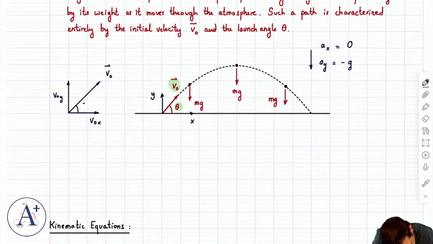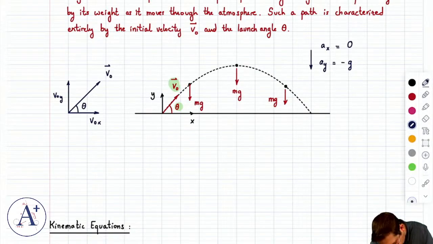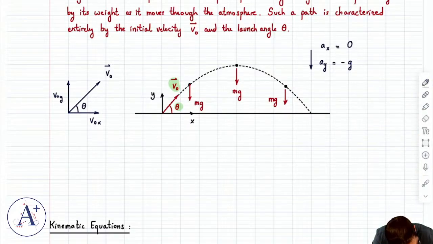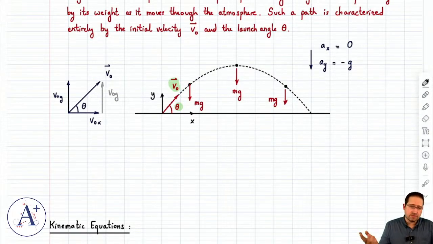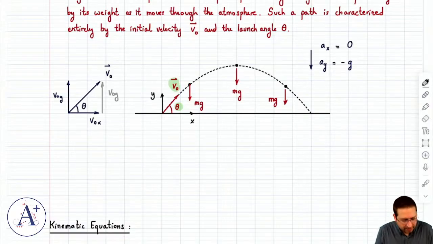What matters is that this is an angle theta, and just for reference I'll put it here to do the trig. v naught x is the component along x, v naught y is the component along y, and if you're not sure how to relate it to v0 through the angle theta, you can always just do the following.